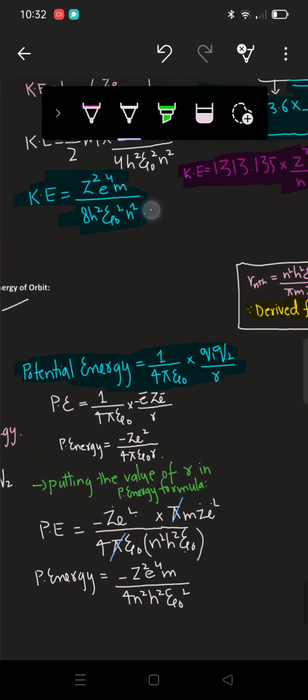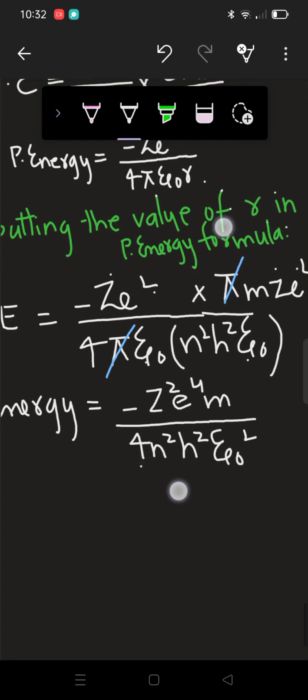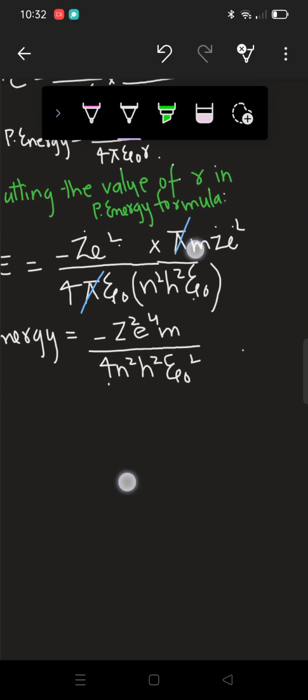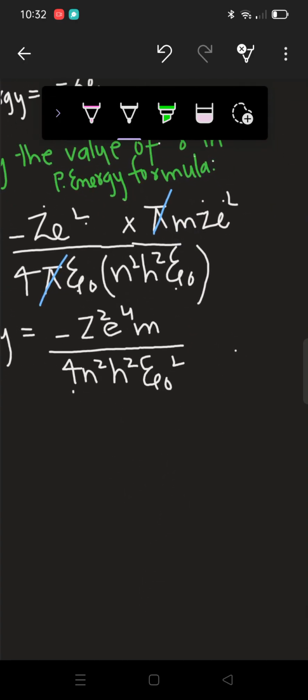Now see, this relates to this, right? Just ignore this minus sign, and in the denominator ignore 4 right now. Everything matches, right? Now we need to make this 4 as 8, as you can see, so that we can have the same constant. So to make this 4 as 8, we need to multiply and divide by 2.